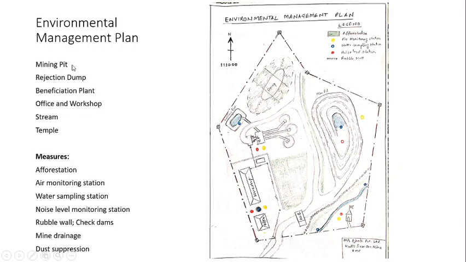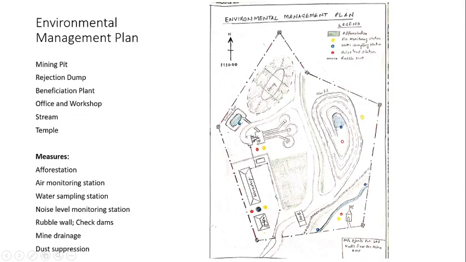It should show all the infrastructure and land use type that is already existing in the lease area. Look here, this is the lease boundary. This is the working pit. This is a dump. There is a beneficiation plant here with a tailing pond here.